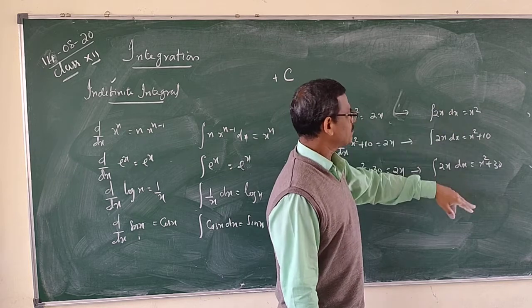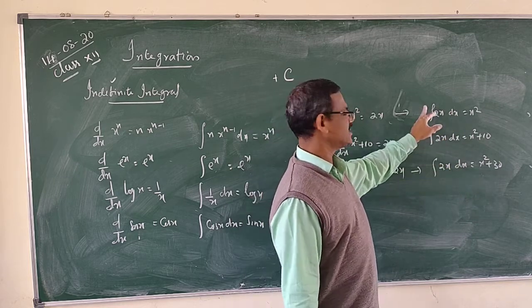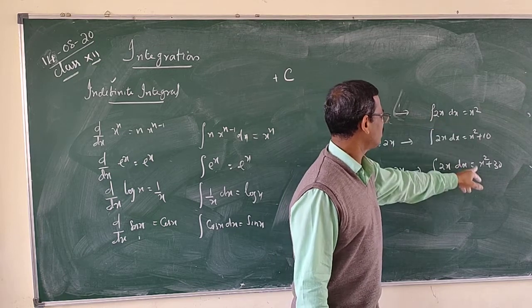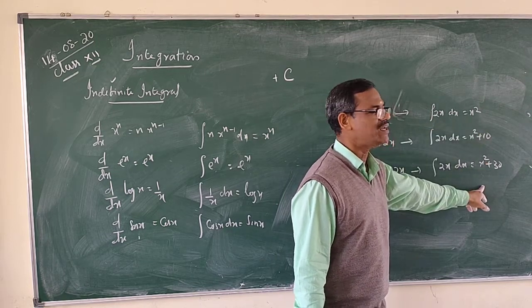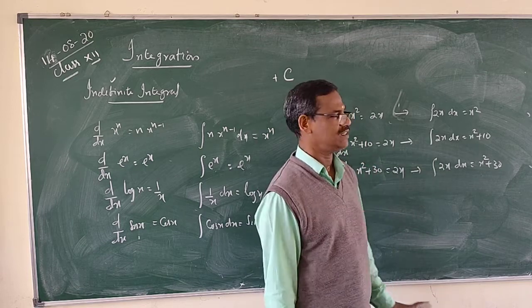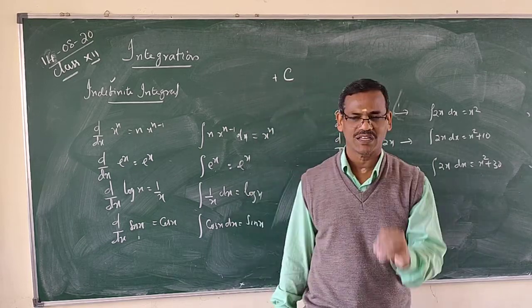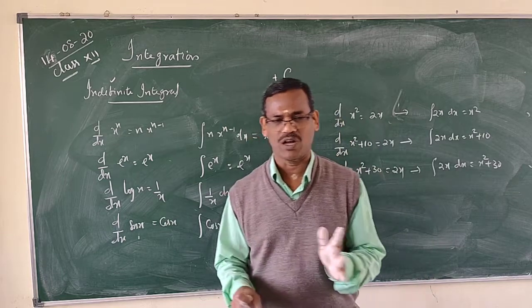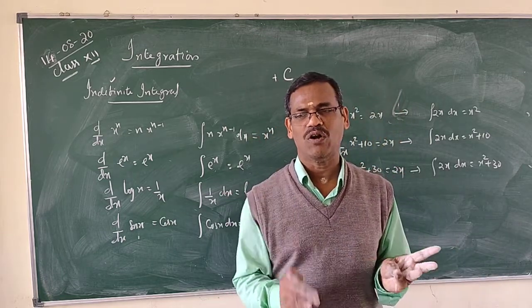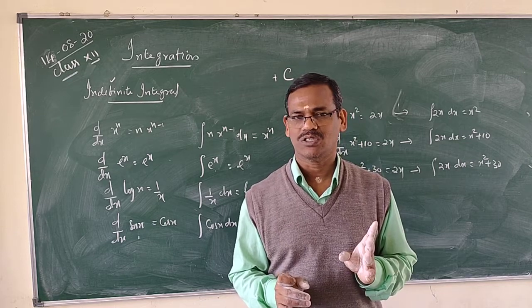But as per the definition of integration as the reverse process of differentiation, you get different answers. All these answers differ by a constant, and that is called the constant of integration. So immediately after the integration process is over, using that formula, you should add a constant c, called the constant of integration.